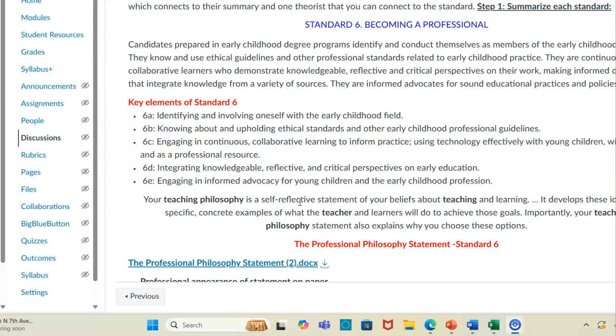6E is engaging in informed advocacy. Again, instead of doing the day at the Capitol for 6A, you could do it for 6E. Or recently there is a proposition, a bill that's come out, and it's all about putting back on the ballot First Things First funding.